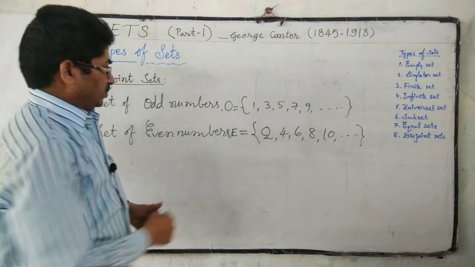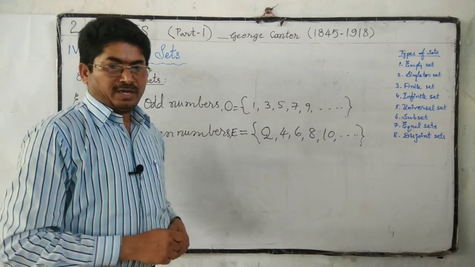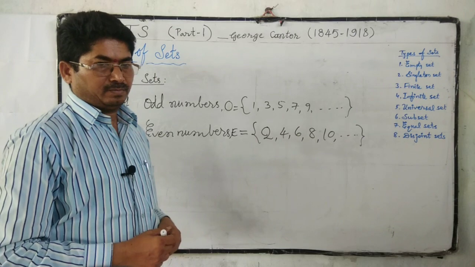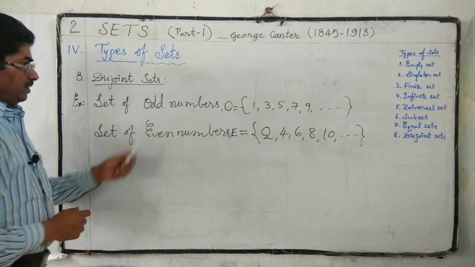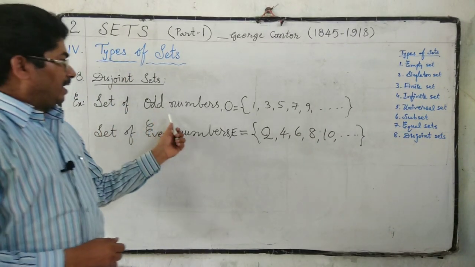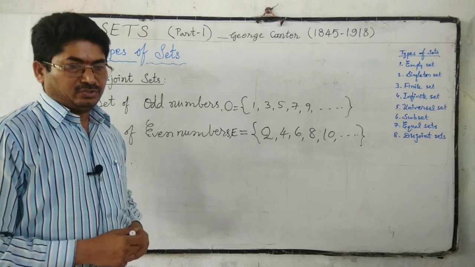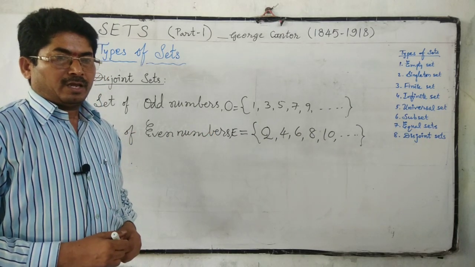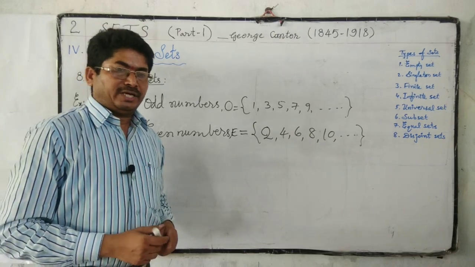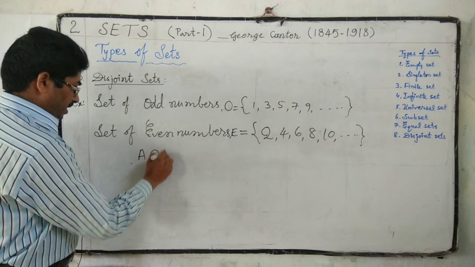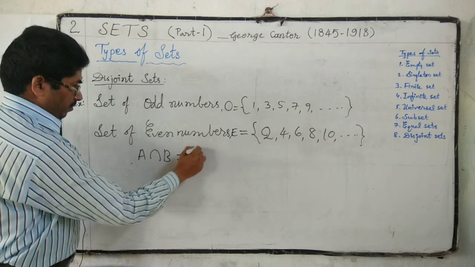If we observe these two sets, we can understand there are no common elements. So set of odd numbers and set of even numbers are disjoint sets. If two sets are disjoint sets, then we can write A intersection B is equal to phi.